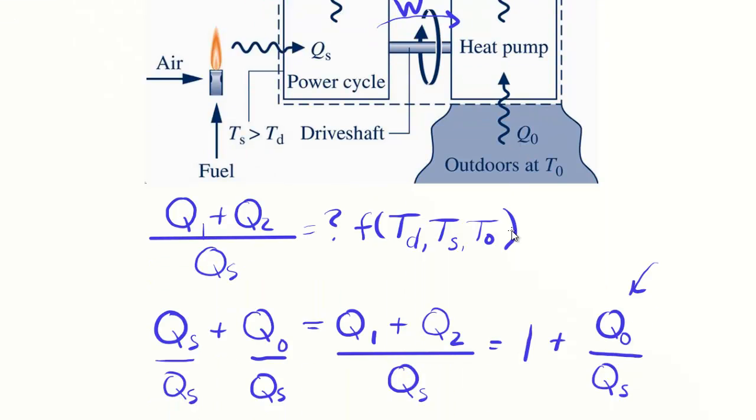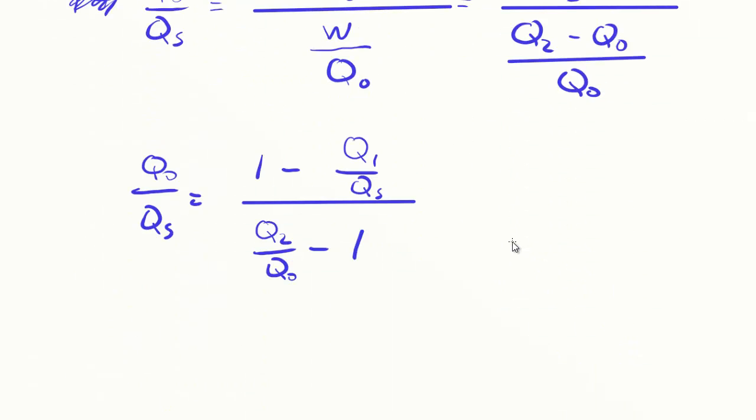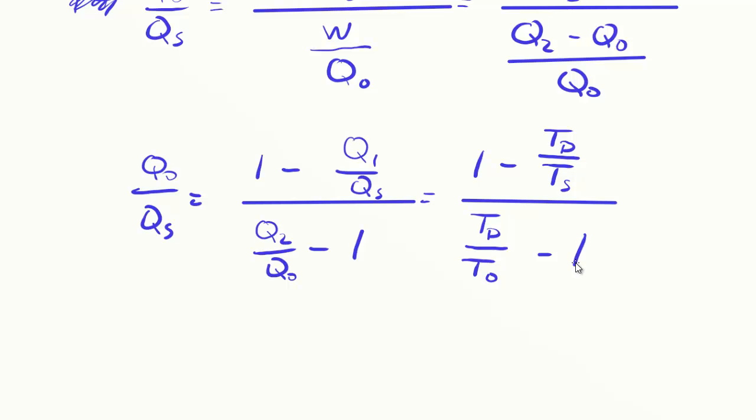And now we can use our definition of temperature and substitute for those ratios. So we know this is equal to 1 minus T1, the dwelling temperature, over T source, and then we have T dwelling over T naught minus 1.